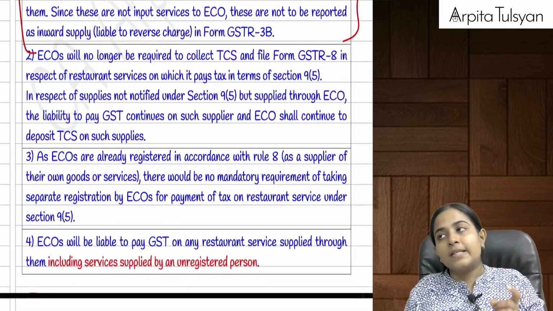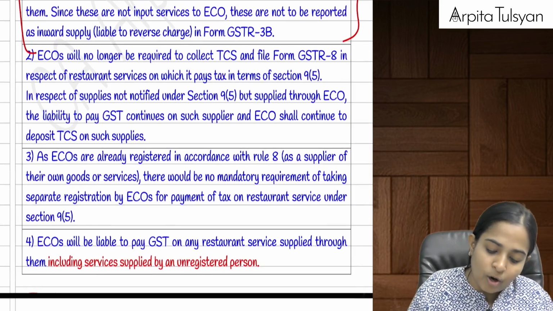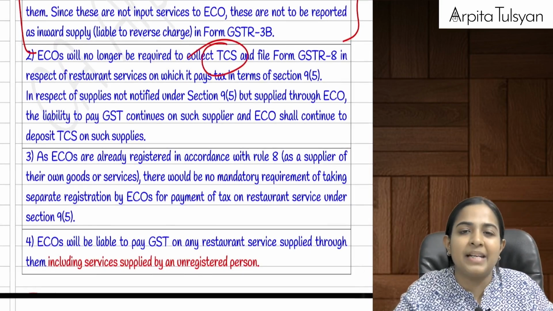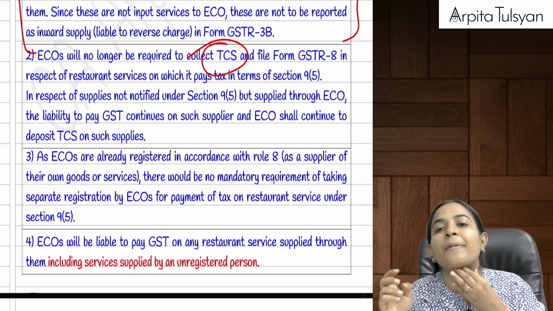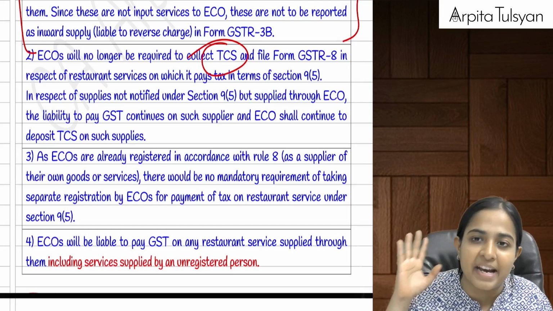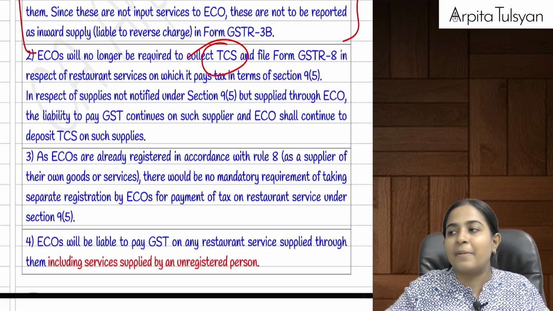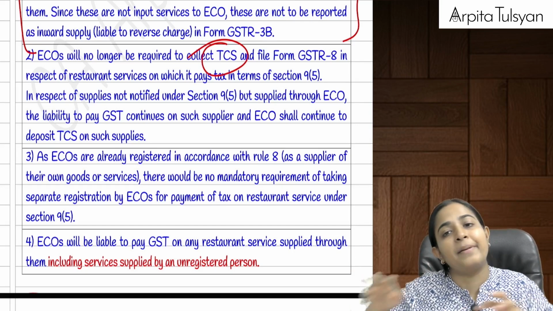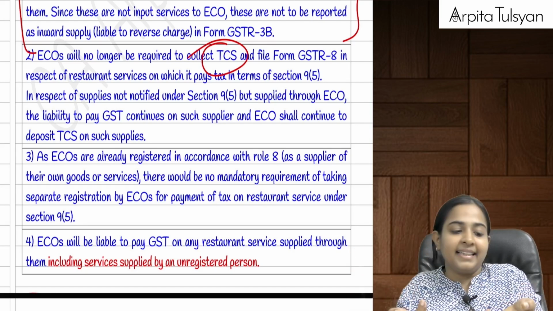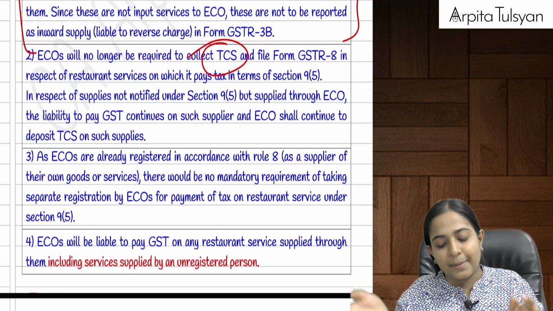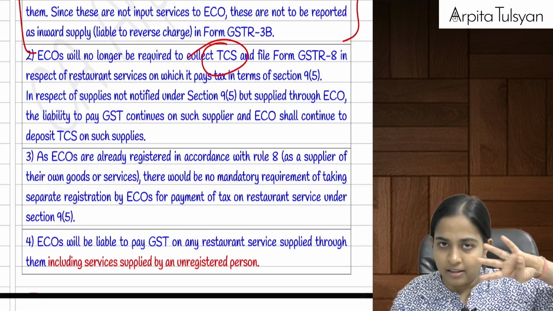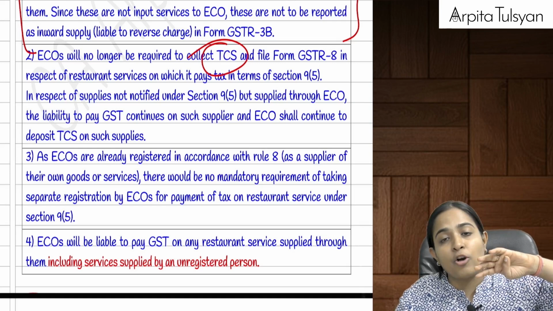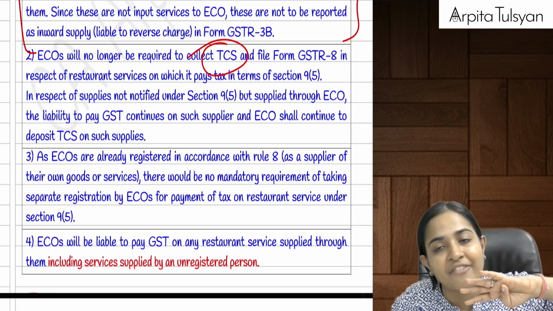Now listen, later on we are going to study a concept called TCS, which is normally applicable for e-commerce operator, but here they have told that if the e-commerce operator is liable under section number 9.5, then TCS provisions will not be applicable, and vice versa. That is, either 9.5 provisions will be applicable or TCS provisions will be applicable. So for these 4 services that we studied, can we say e-commerce section 9.5 provisions are applicable?